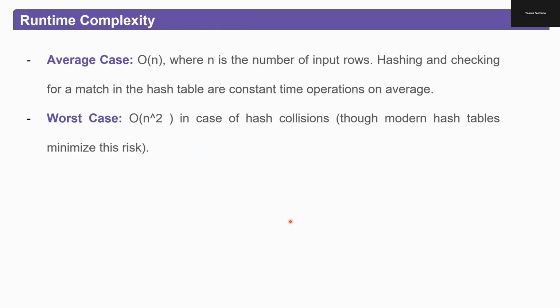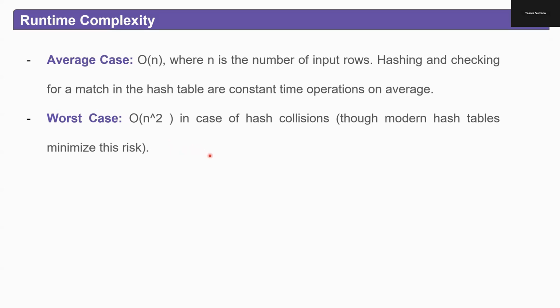So now here comes the runtime complexity. The average case runtime is big O of n, where n is the number of the input rows. The average runtime is linear in relation to the number of rows n, as each row requires only a hash computation and a lookup in the hash table. For the worst case scenario, it is big O of n squared.